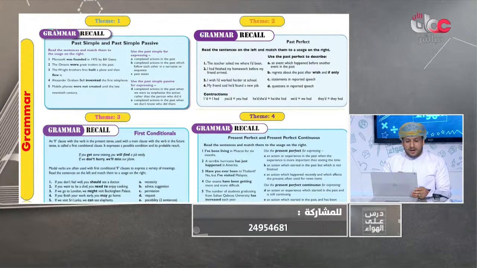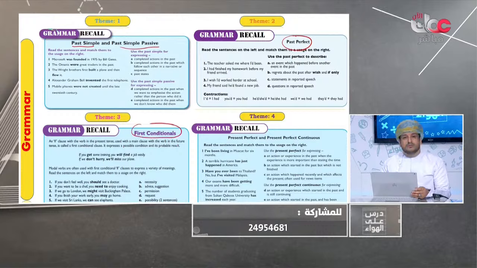The first one was about past simple and past passive, which is easy for most of you. The second one, theme 2, targets the past perfect, the past simple and past simple passive. Theme 3 was about first conditional. For example, if you study hard, you will get high marks tomorrow in English language.